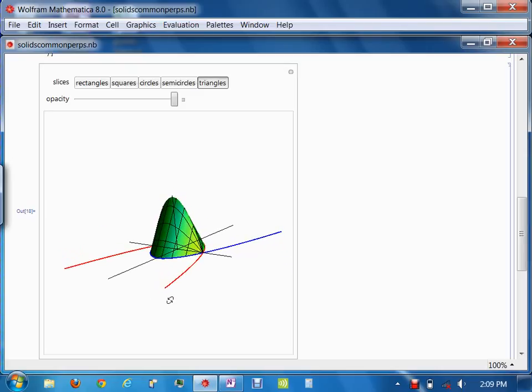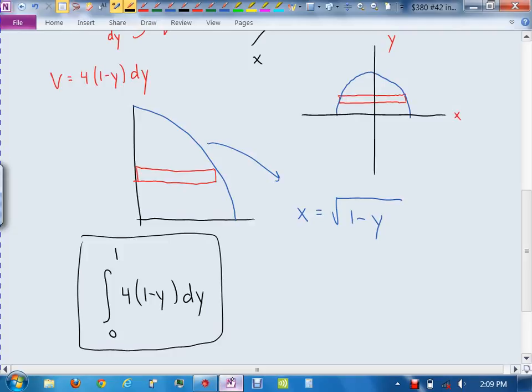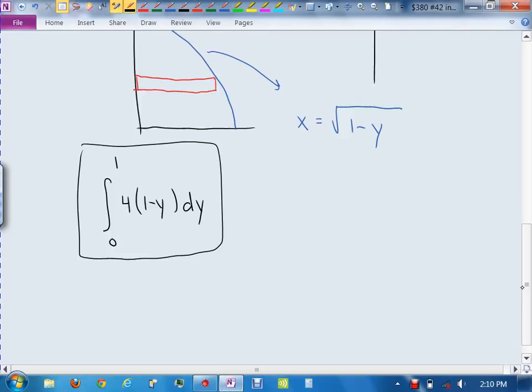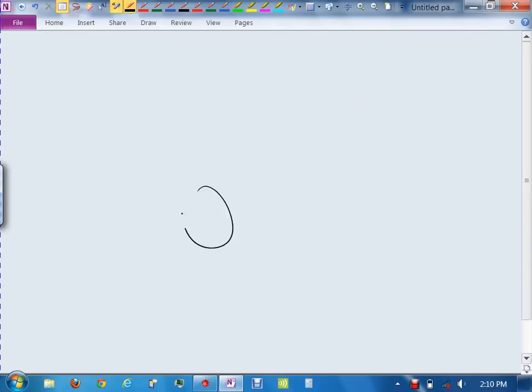Why would you want different shapes? Okay, one classic problem of this is, and I wouldn't give this to you, all right? But let's say you have two pipes that come together. Okay?